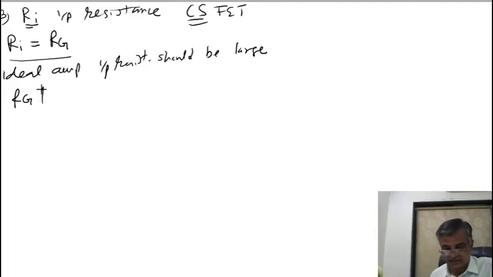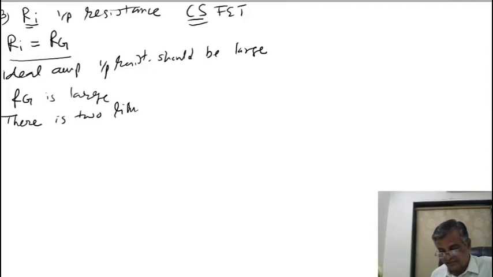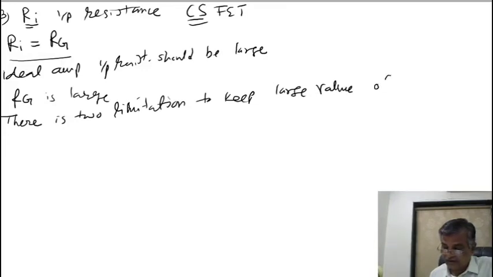If RG is large, then it is good for the amplifier. But there are two limitations to keeping a large value of RG. First limitation.